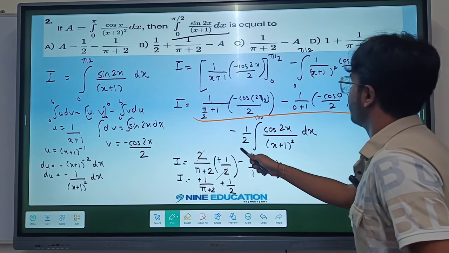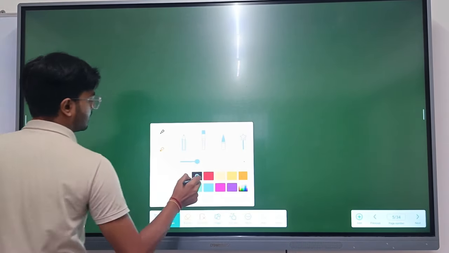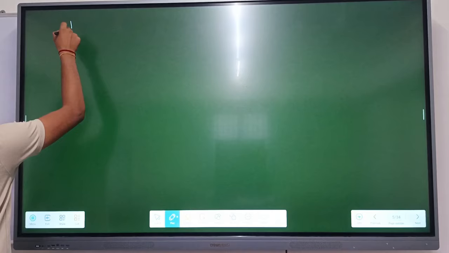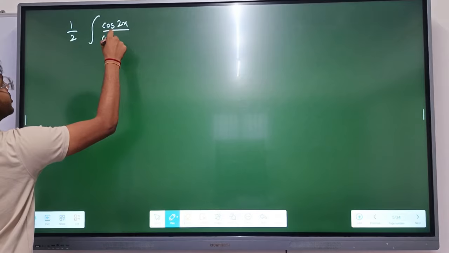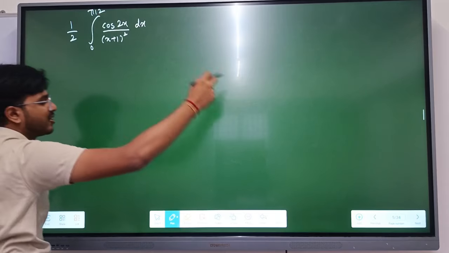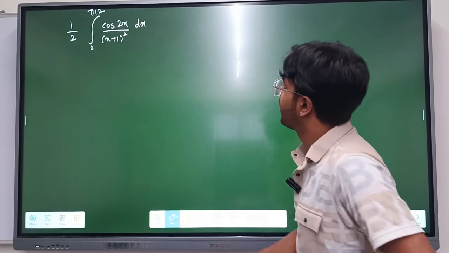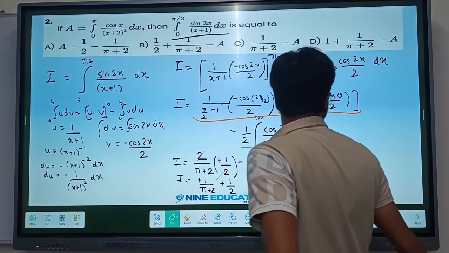Now the second part, which is this part. It is 1 by 2, integration of cos 2x divided by (x plus 1) whole square dx from 0 to pi by 2. Now I have to get it in terms of A. What is A? A is the integral of cos x by (x plus 2) whole square. But here what do I have?